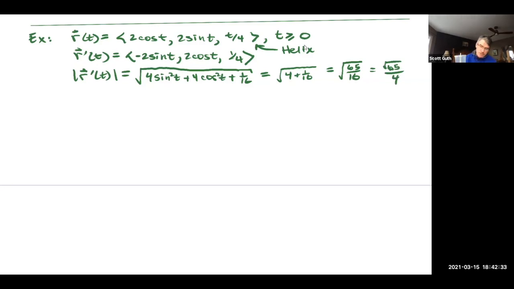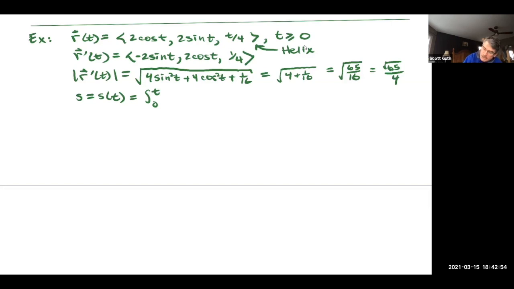Okay, any questions? Okay, so then your s of t would be the integral from 0 to t, because t starts at 0 here, so that's my lower limit.